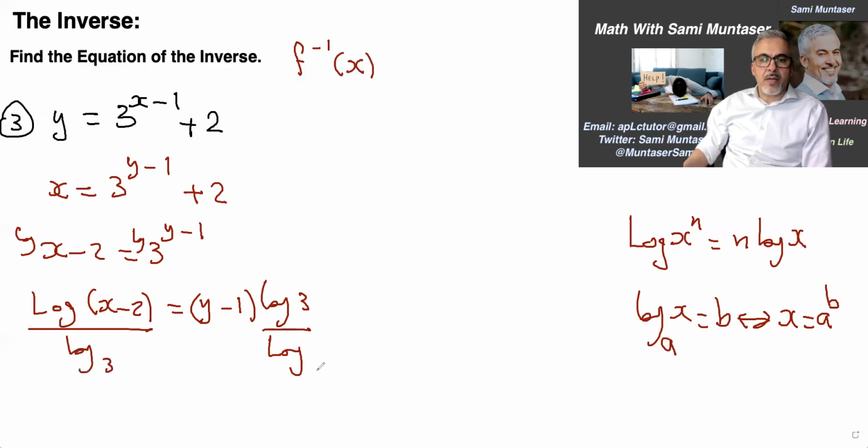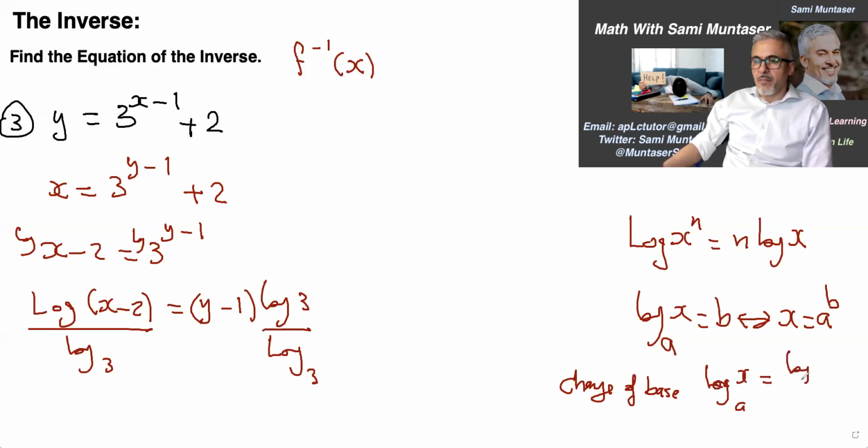Okay. Now one other rule that I want to show you is the change of base, which means log base a of x is the same as log x over log a.